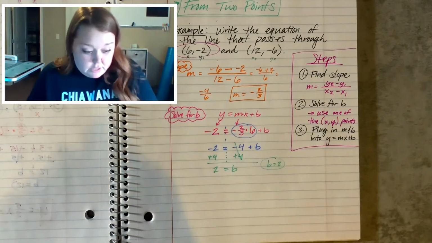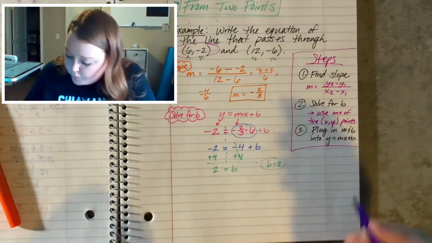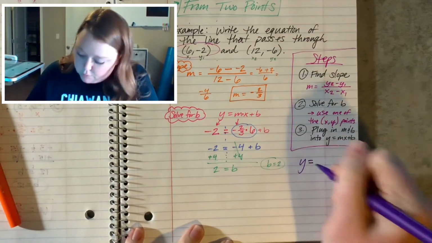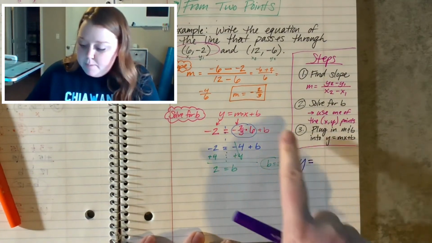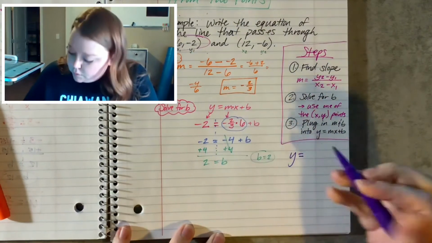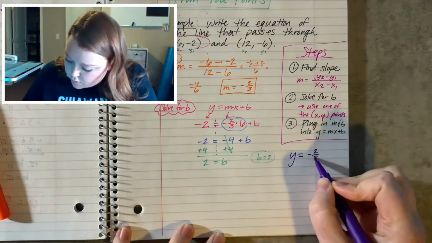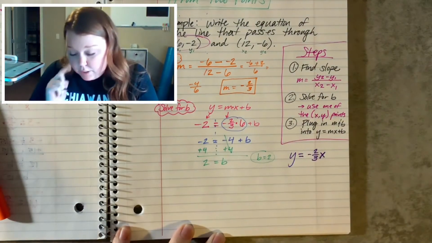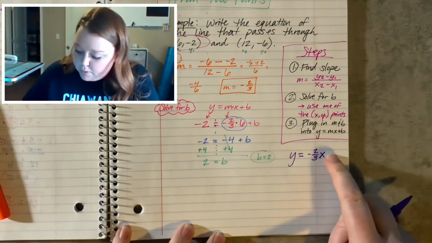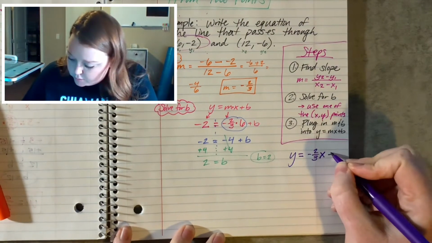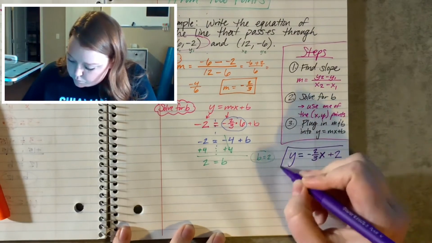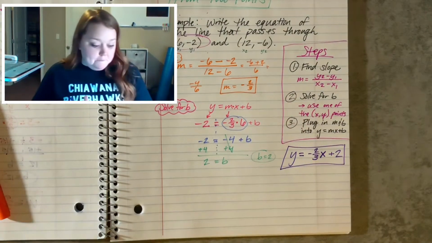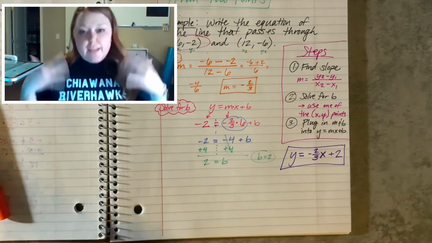So our final answer would be y equals, what's my m? Negative 2/3. x, don't forget that x. And then plus b, but our b value is positive 2, so plus 2.